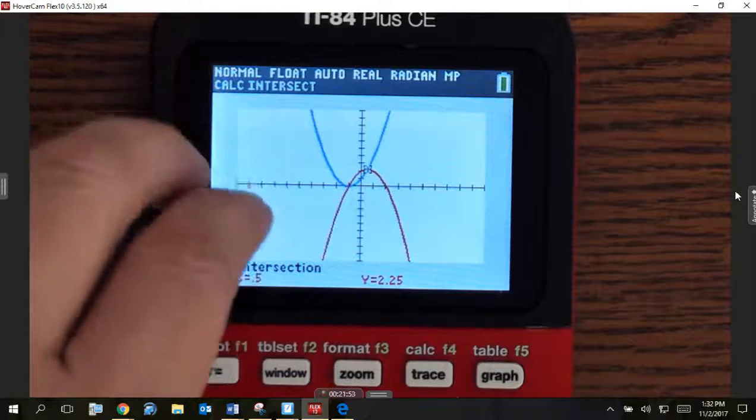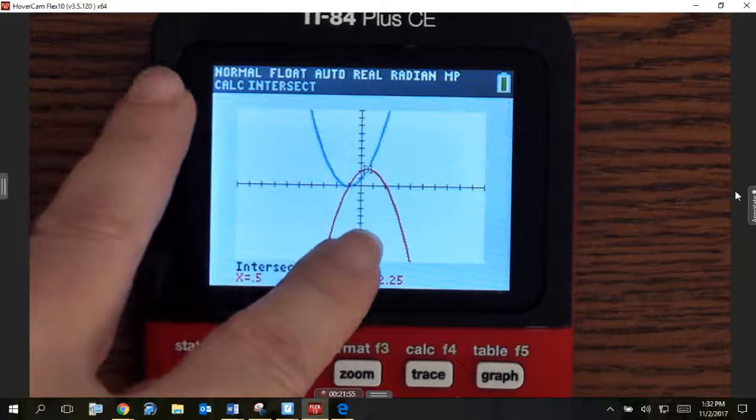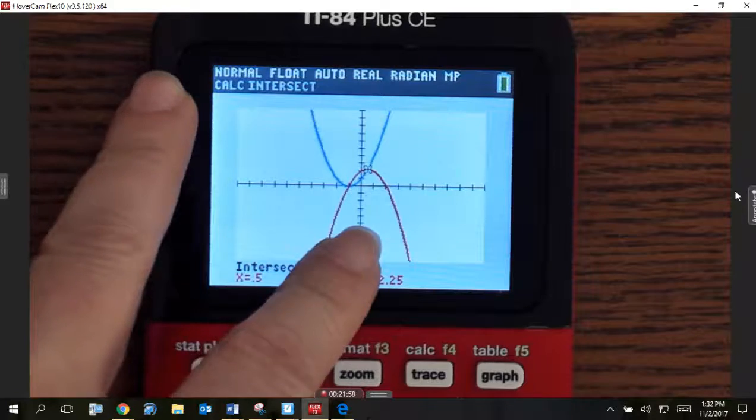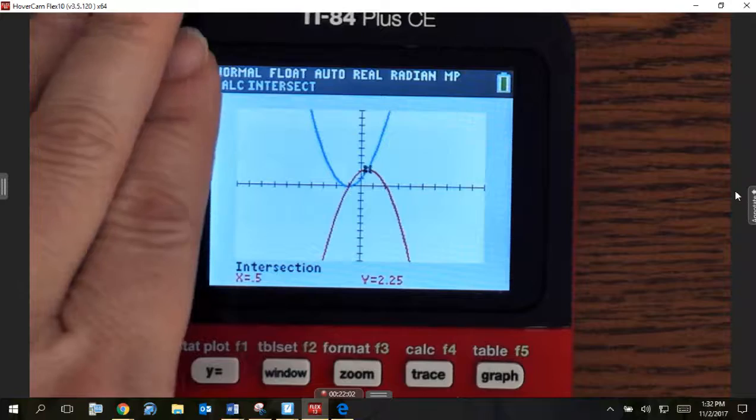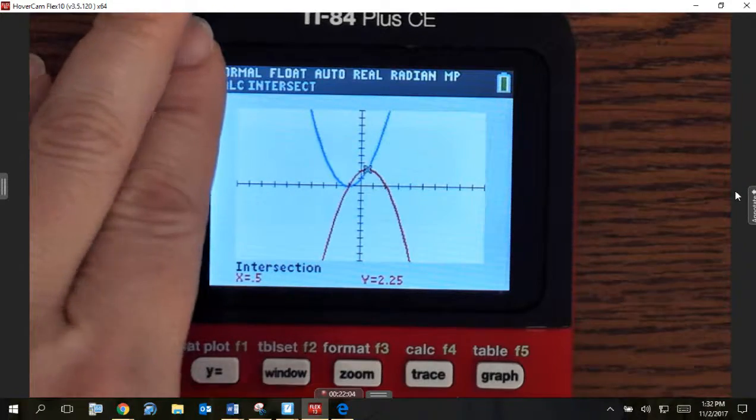We will come back to this calculator method a couple times throughout class. But I will tell you that the calculator method will not always work. You know why?